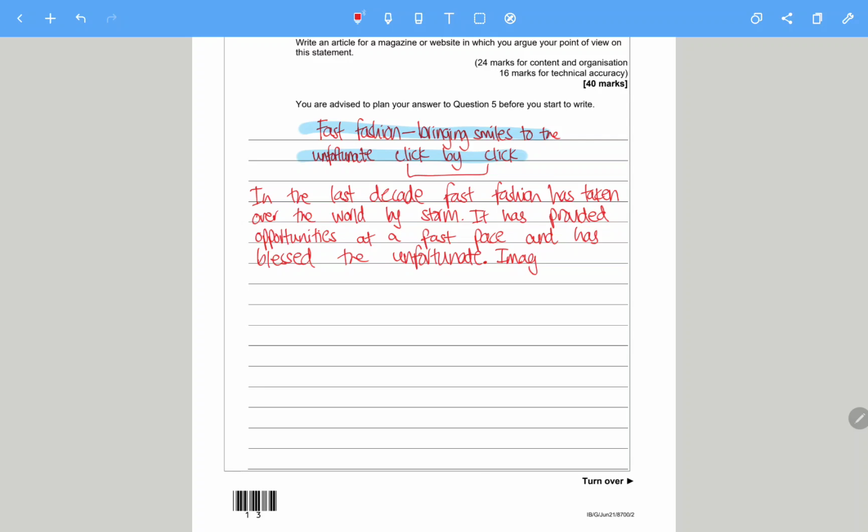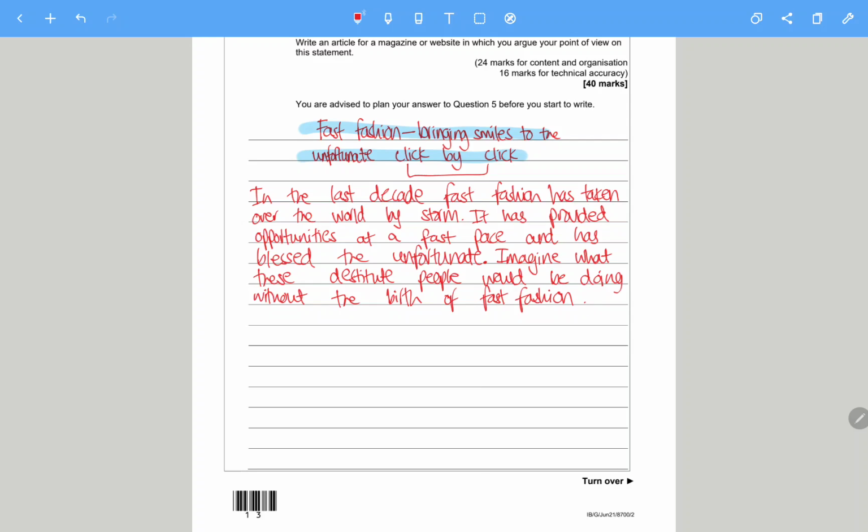Imagine what these destitute people would be doing without the birth of fast fashion. Okay, full stop. So that's my strapline.